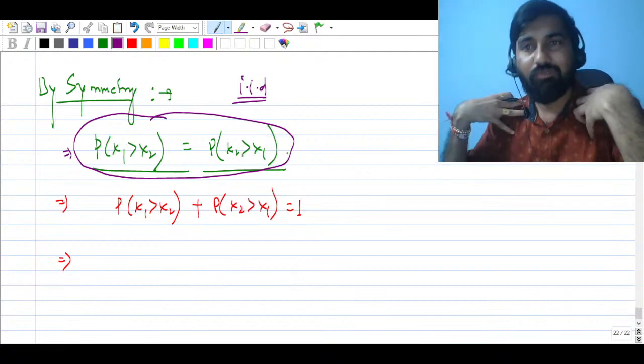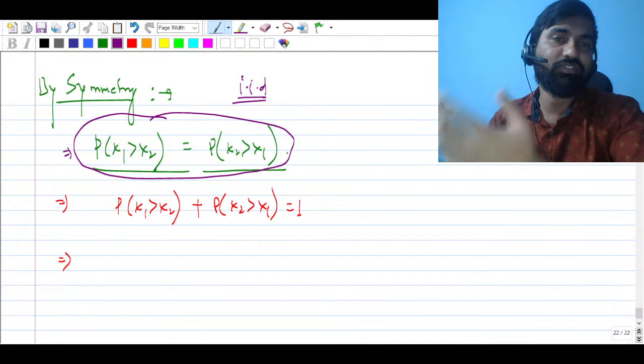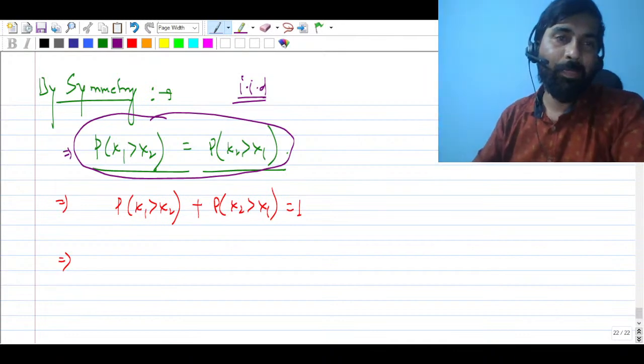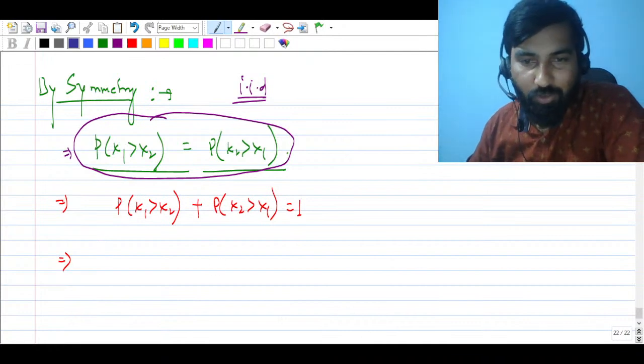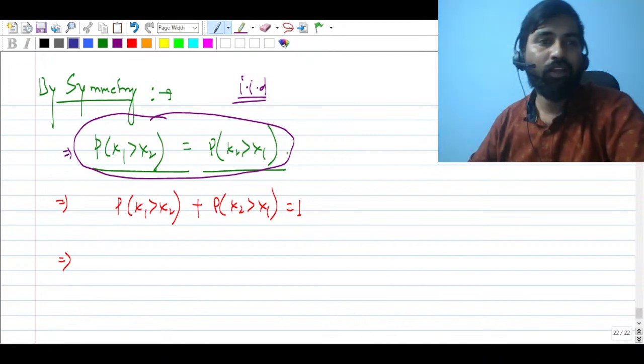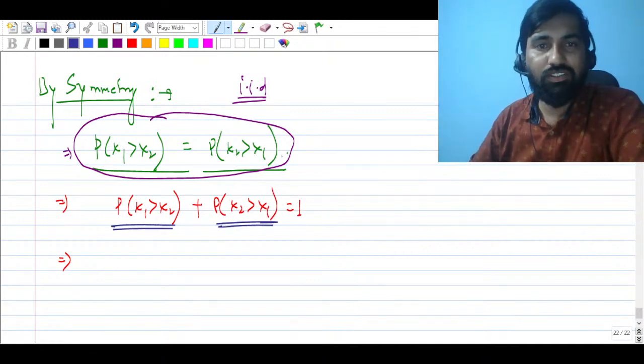So what we, as engineers, always do is try to find concepts which can reduce the number of steps while solving the problem. So if you add these, you know that the probability of this and the probability of this are going to be the same. You can say p.